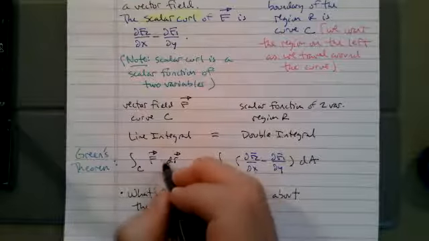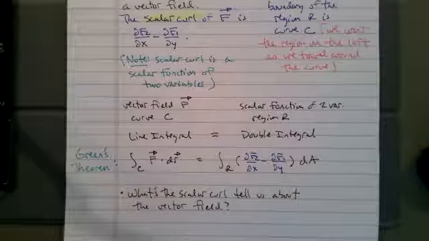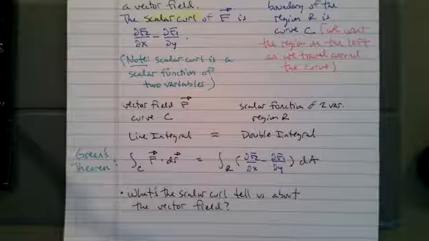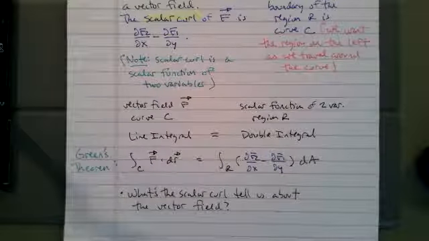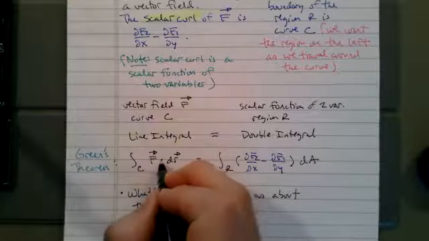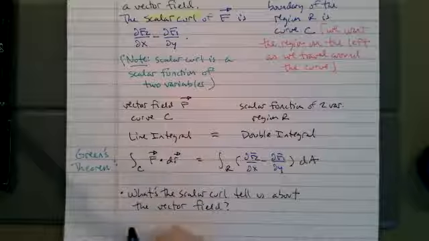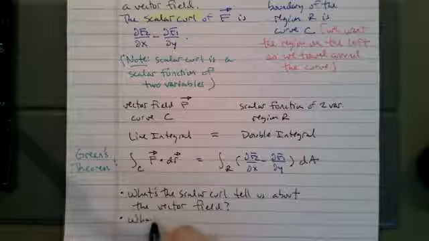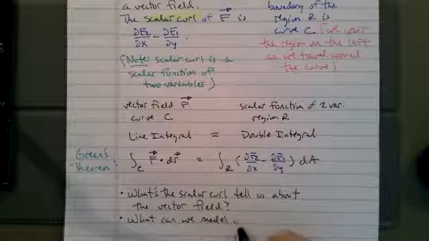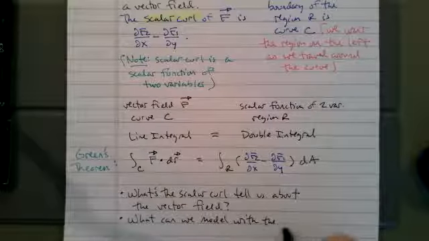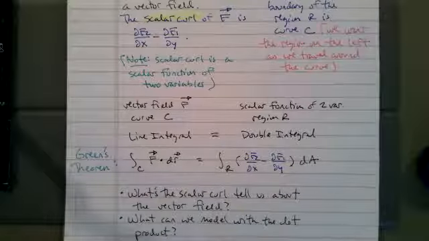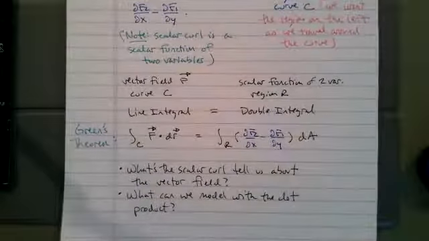This is a new question that's come up because scalar curl is new. Other things that come up, what can we model with this dot product? So these are the two questions that we're going to have to deal with.